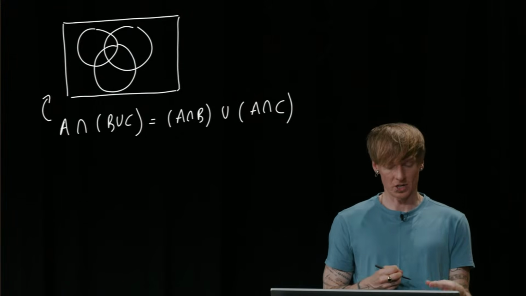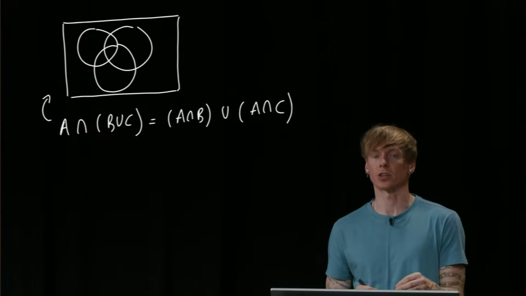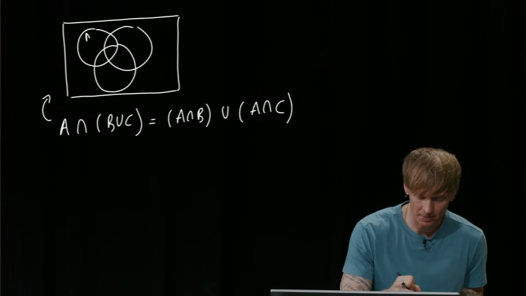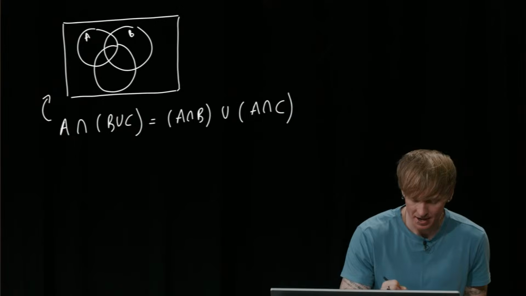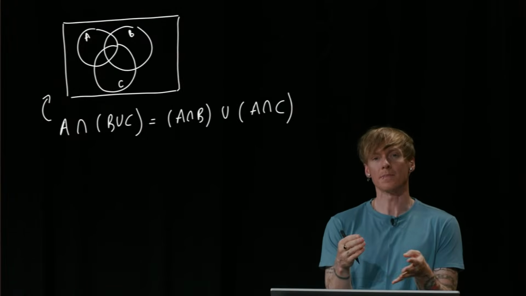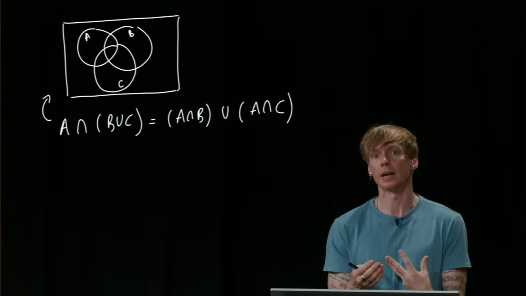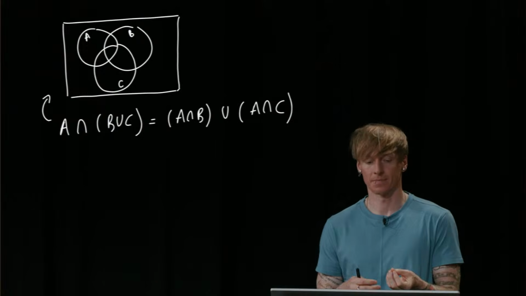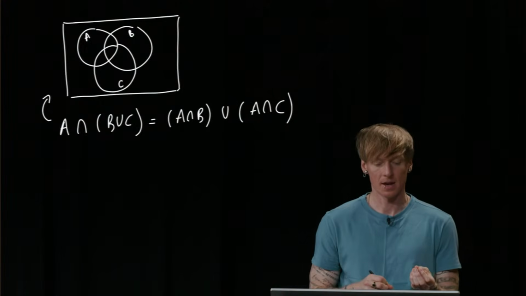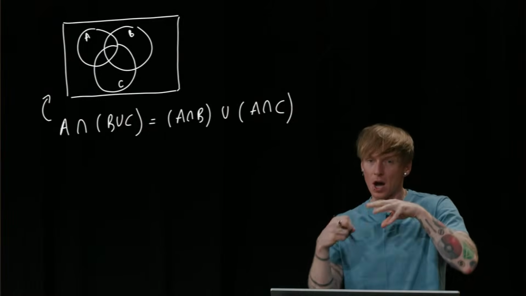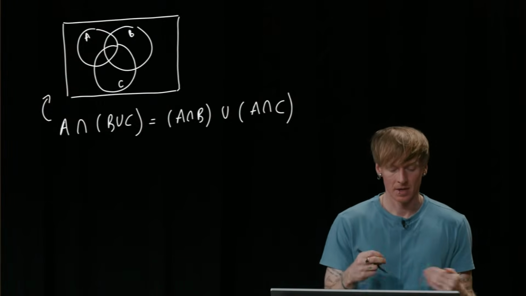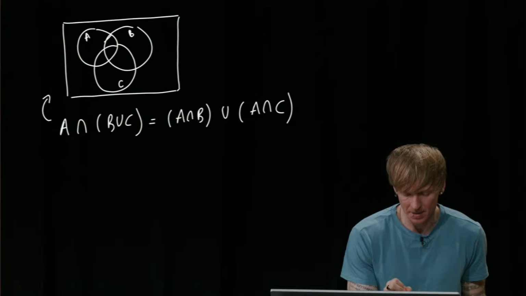So we are interested now in the intersection of A with B union C. So it would help if I had some labels, A, B, and C. Okay, so B union C just means anything inside B or C. So anywhere in the hoop B and anywhere in the hoop for C. And then we want the parts of those hoops that are also in A. So that's going to be anything up here.